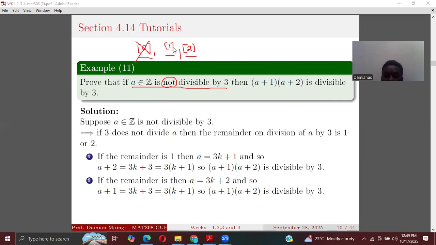So if the remainder is 1, for instance something like 4, so my a is 4. That means if I take 4 plus 1, I get 5, times 4 plus 2.